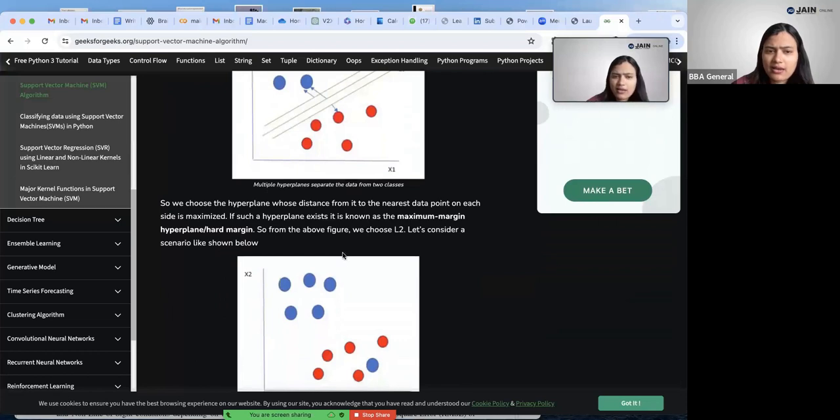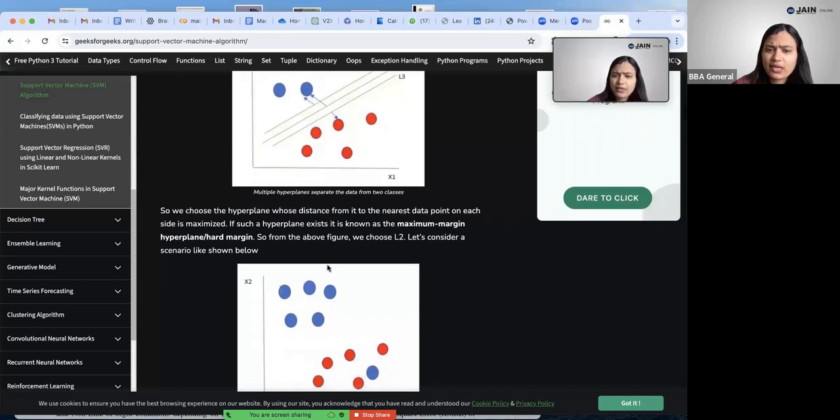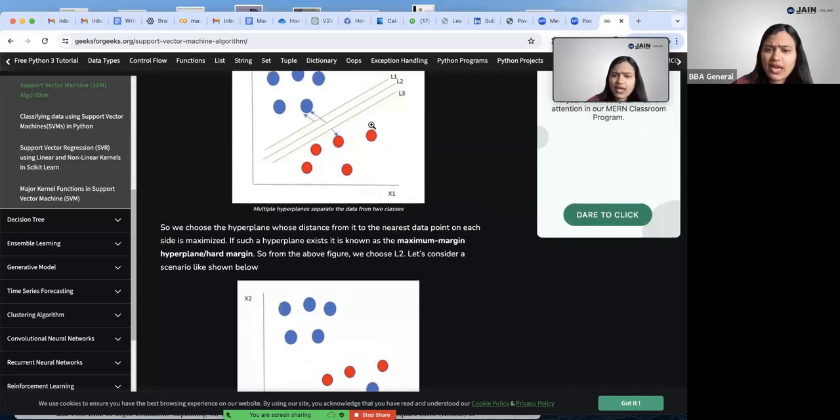If we choose the hyperplane whose distance from it to the nearest data point on each side is maximized, if such a hyperplane exists, it is known as the maximum margin hyperplane or hard margin. So here in this example, L2 is the maximum margin hyperplane or hard margin. So from the above figure, we choose L2.